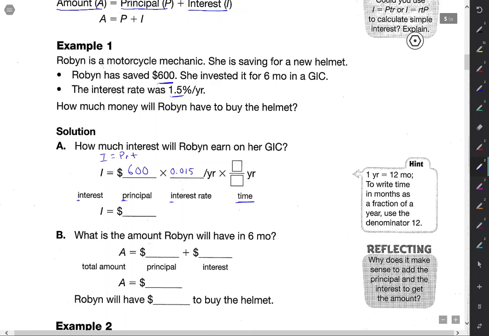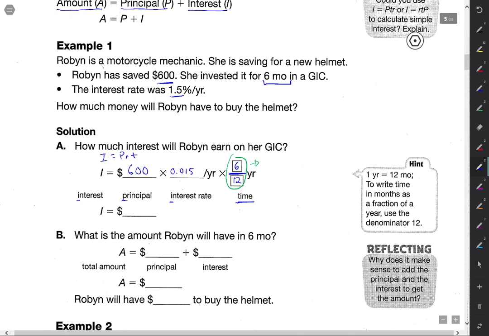Now, this one is a little bit trickier than the last one because remember, the time has to be in years. But she only invested it for 6 months. So it wasn't a full year. It was 6 out of 12 months. Here they kind of set up a fraction for us. But another way that we could look at that is, what is 6 divided by 12?